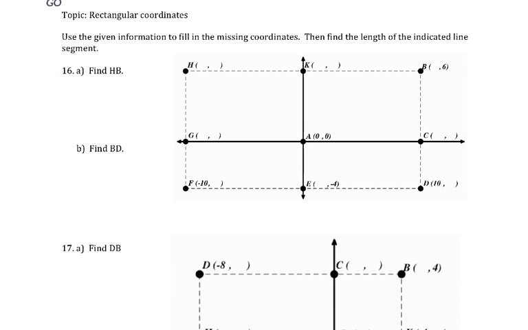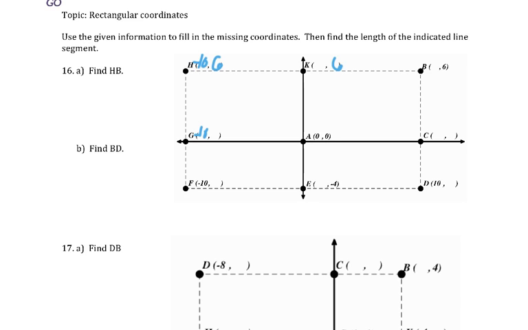Alright, now rectangular coordinates. So, we're given some points here, and they want us to fill in the missing coordinates. So for G, I know my X is negative 10. For H, I know my X is negative 10. Up here at the top, I have B of 6, so I know K is 6. So I know H is negative 10, 6.